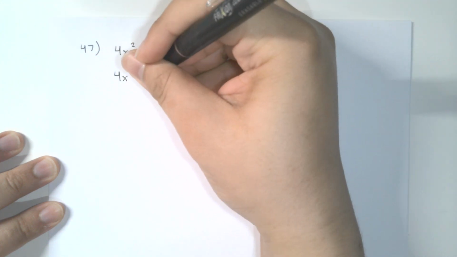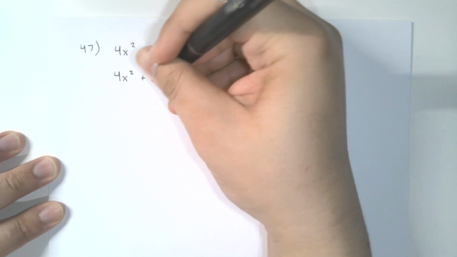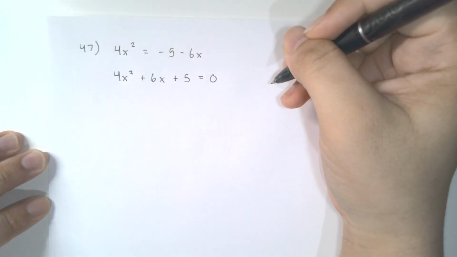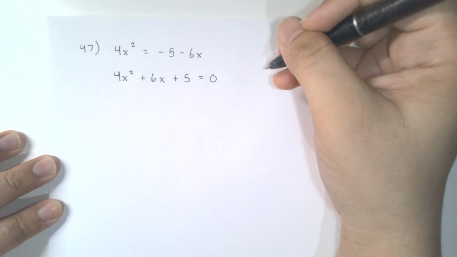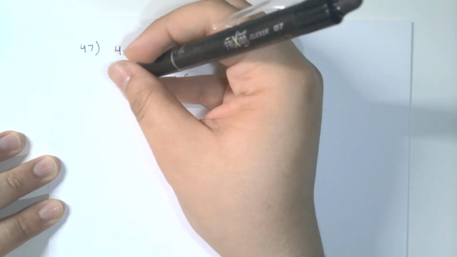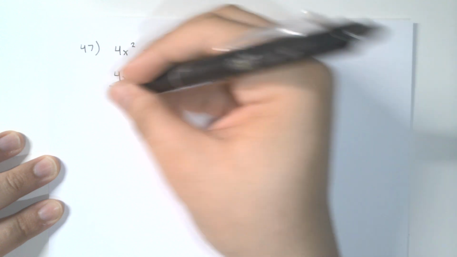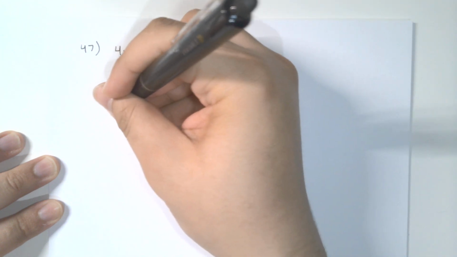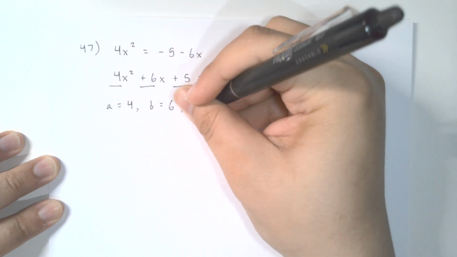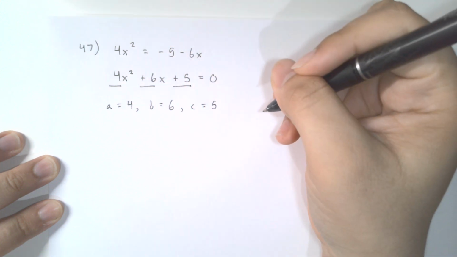We get 4x squared plus 6x plus 5 is equal to 0. 4, 6, and 5 don't have a greatest common factor other than 1, but it's not going to help us. So now we have a is equal to 4, b is equal to 6, and c is equal to 5.